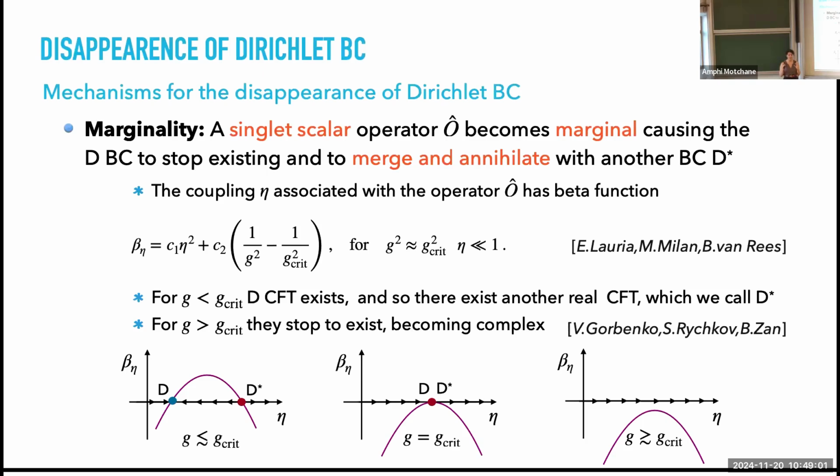So you have some operator at the boundary, which is at the beginning irrelevant. It changes its dimension as we change the coupling in the bulk. At some point, it hits marginality. And this is the beta function associated to the deformation of the operator, which gets marginal for this critical value of G. It's the boundary beta function. Yes, it's the boundary beta function.